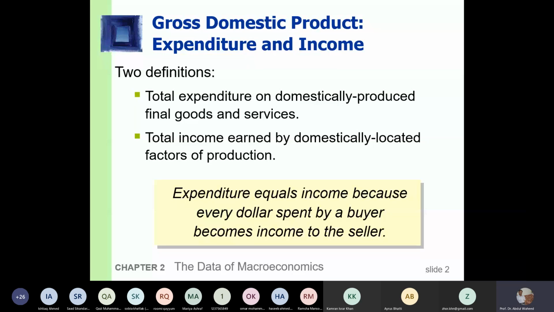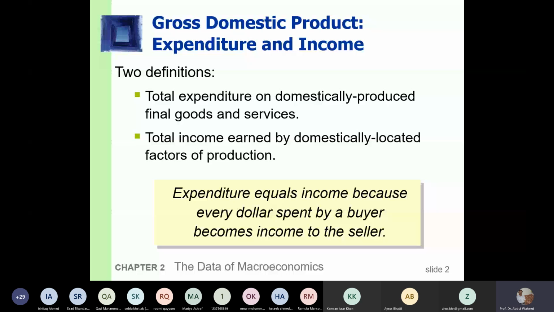Factors of production you already know: land, labor, capital, and entrepreneur. So the income earned by domestically located factors of production: we have rent, wages, profit, and interest. If we add all this, we will get gross domestic product through the income approach.